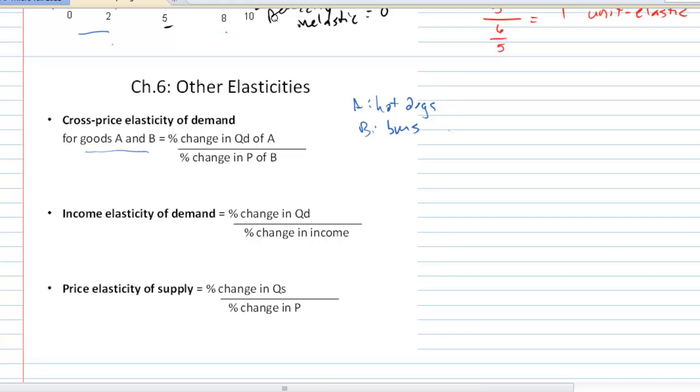An increase in the price of hot dog buns we know will decrease the demand for hot dogs because they're complements. We've seen that back in basic supply and demand.